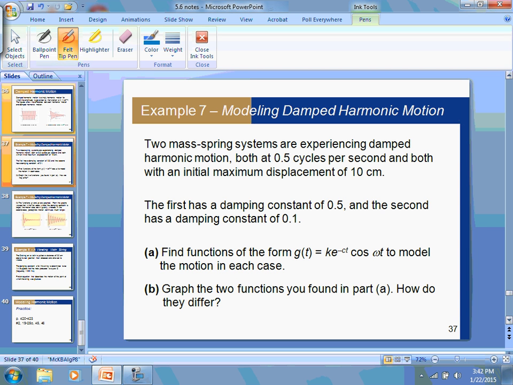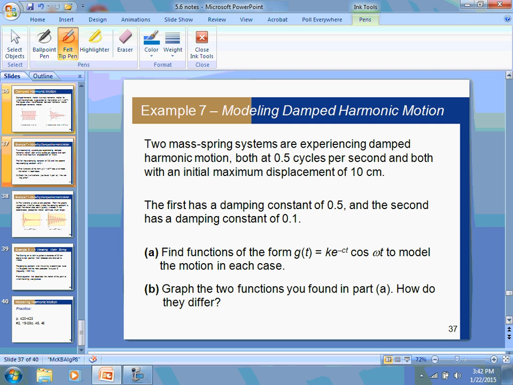Okay, so we have two examples that we're going to take a look at. We're going to look at example 7 and 8. 7 is modeling damped harmonic motion, and here we have two mass spring systems experiencing damped harmonic motion.